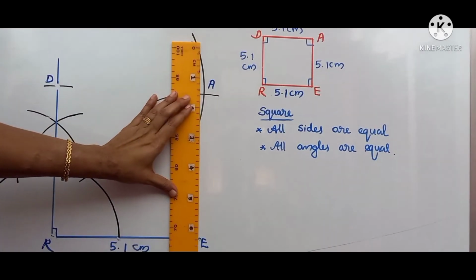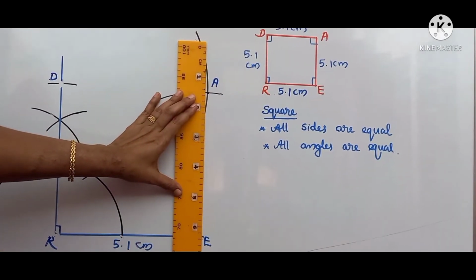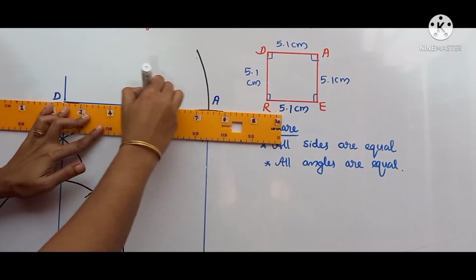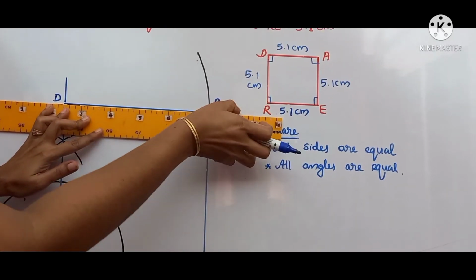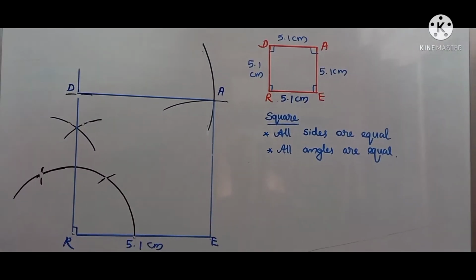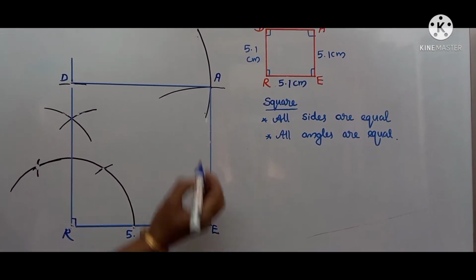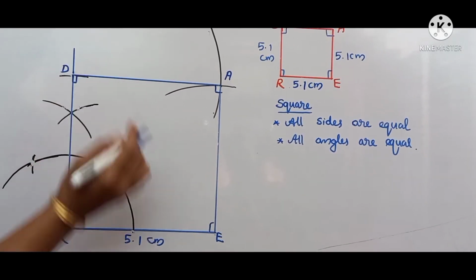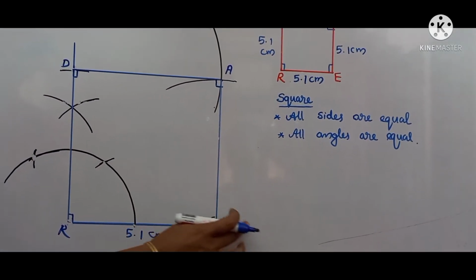Join A and E and also join A and D. Now our square READ we have constructed properly, and no need to draw these angles again and again.